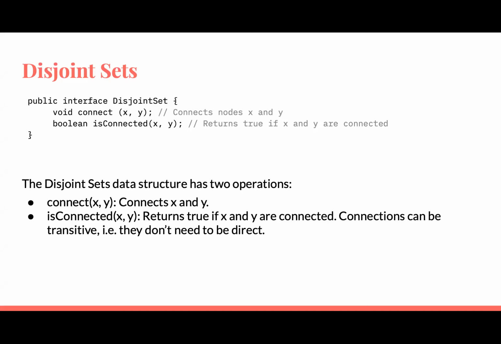If X and Y are from two separate sets, then we're going to union those two sets together. If they're part of the same set, then we don't do anything. And then isConnected returns true if these two elements are in fact part of the same set, and false otherwise.